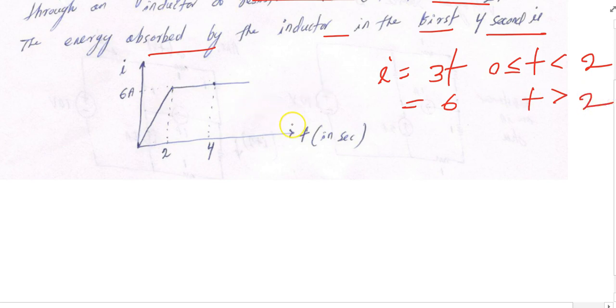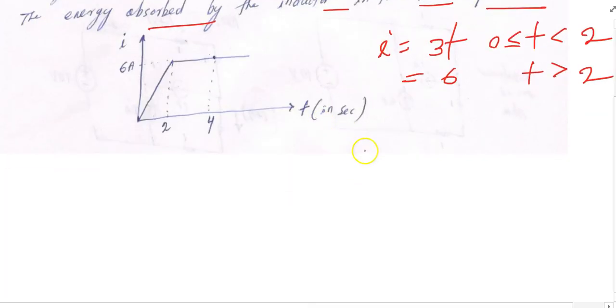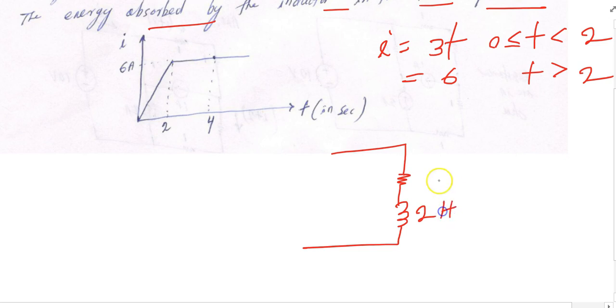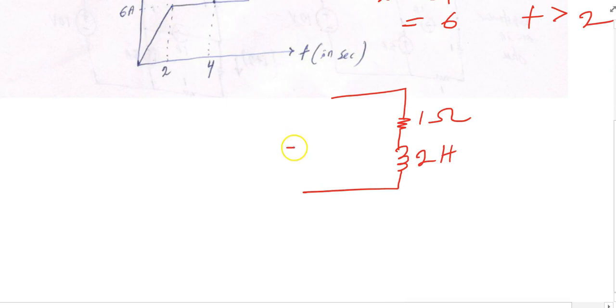There is a discontinuity. For the given question, the inductor can be represented as a resistor, this is your 1 ohm, and an ideal inductor of 2 Henry. That means the current source has been connected like this.